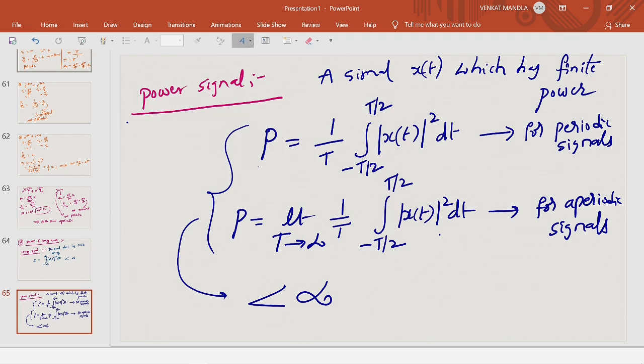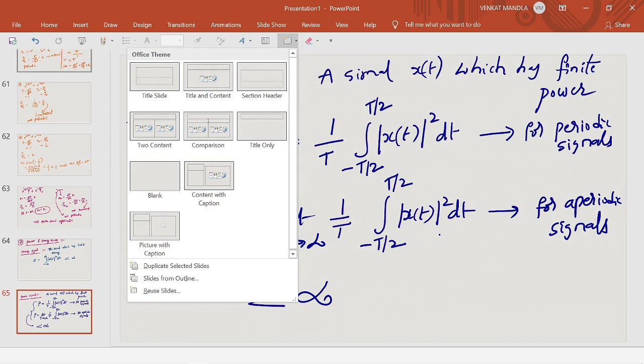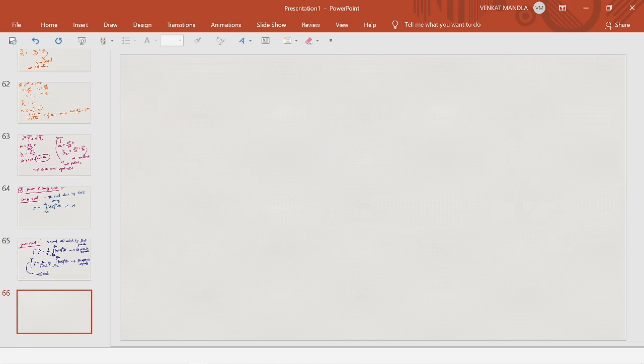And one more formula I want to give you. What is power? Power is energy by time, or rate of change of energy, P equal to dE by dt.